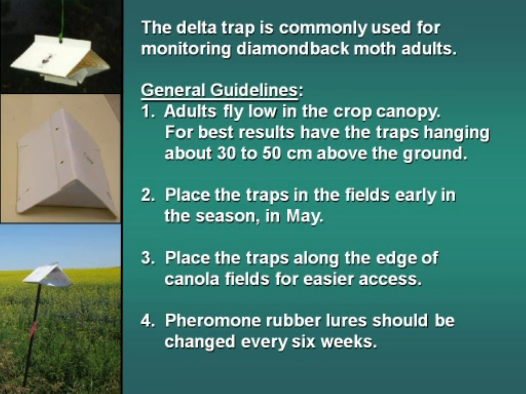Put them out in the fields early in the season in May. It's easiest to place them along the edges of canola fields for easier access. And finally, the rubber lures only have to be changed once every 6 weeks. We tried changing them more frequently in this research, but it didn't make any difference.